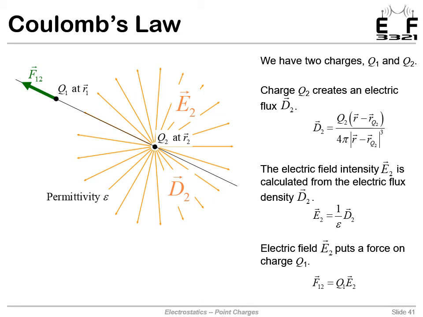Now that we have the electric field intensity, we can apply that to the first charge and figure out what the force is. So the force on the first charge due to the second charge is Q1 times the electric field intensity produced by the second charge.